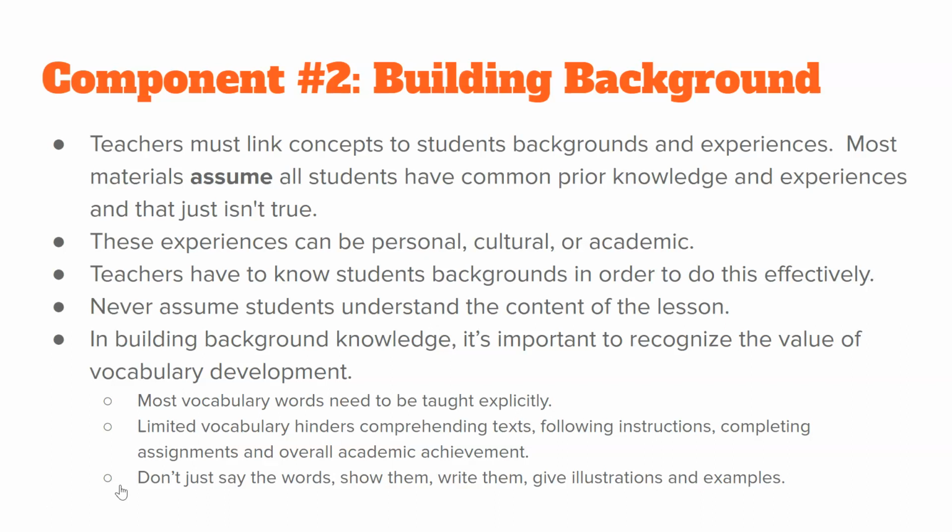In trying to activate their knowledge, you may learn that they know a lot about the subject or they don't really know anything about the subject. And so it helps you to gauge how much you need to teach and what direction your teaching needs to go into. Learning vocabulary is a huge part of background knowledge. So most vocabulary words for English language learners need to be taught explicitly, but some can be taught implicitly also.